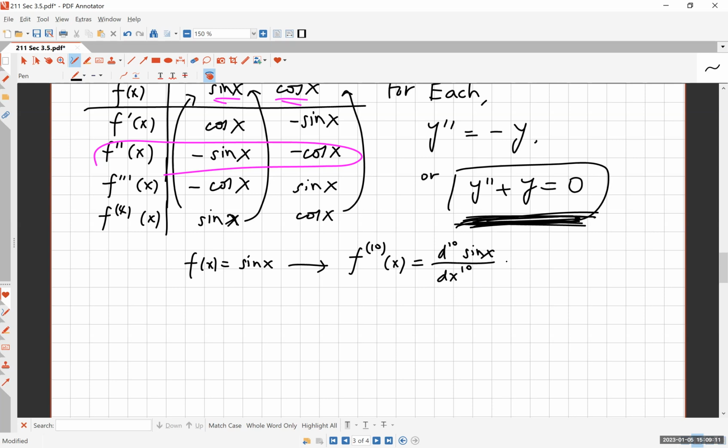The 10th derivative of sine is, well, the 8th derivative is the original sine, and then the 10th derivative is going to be negative sine of x. Okay. If I ask you to find the 97th derivative of the sine function, well, the 96th one is sine, so this will be the cosine of x.